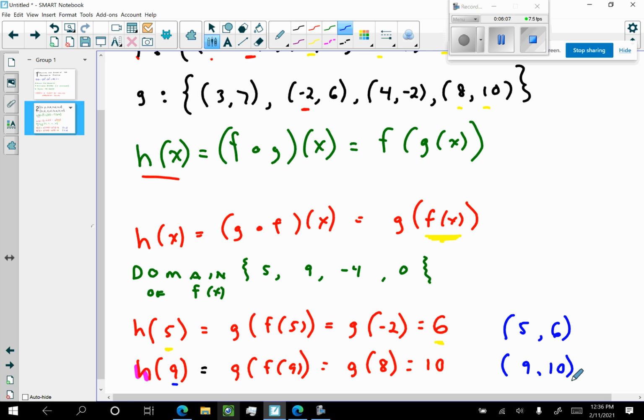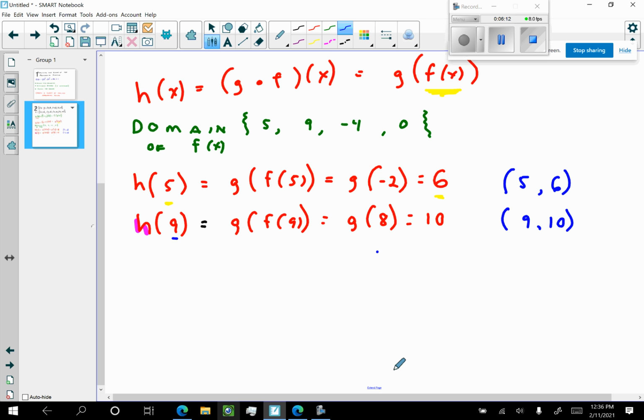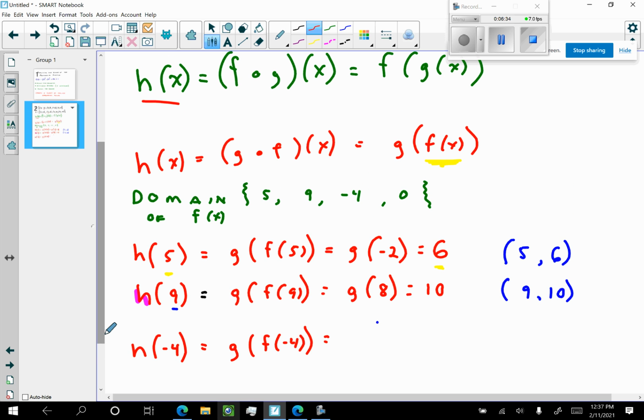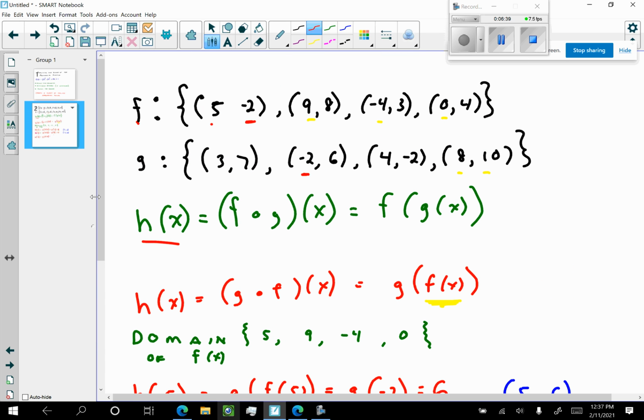There's two other possible points on g of f. The other possible point is going to be h of negative 4, which is going to be g of f of negative 4. And f of negative 4, what is the output for an input of negative 4 in f? Oh, right here.